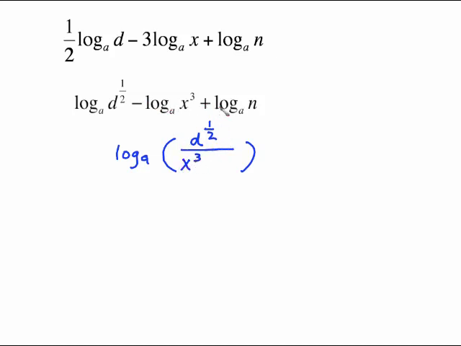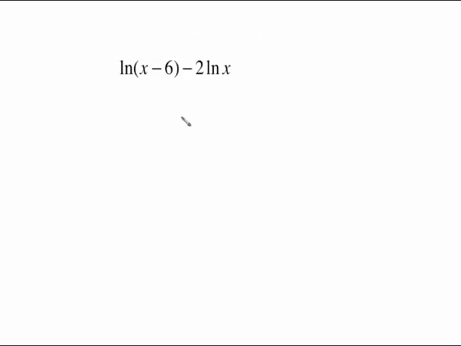This is back to plus log base a of n, which means it's going to stay in the top. And then the only thing we need to work on is this d to the 1/2, which is the square root of d, and x cubed in the bottom, all of this log base a.